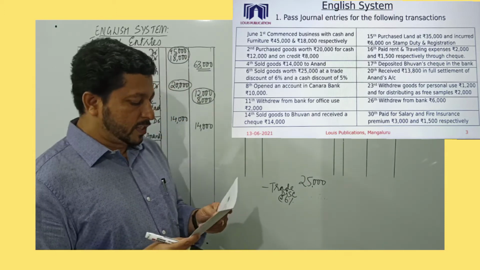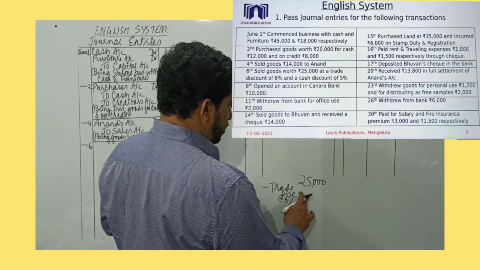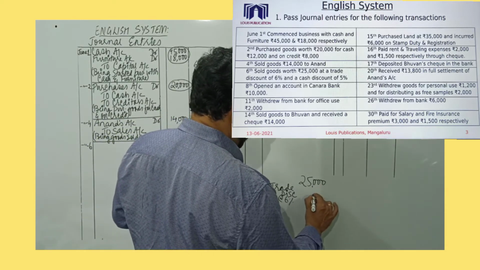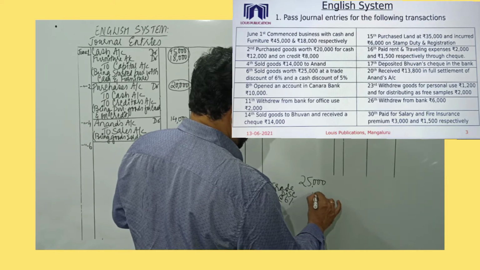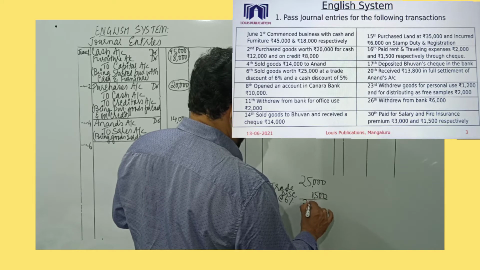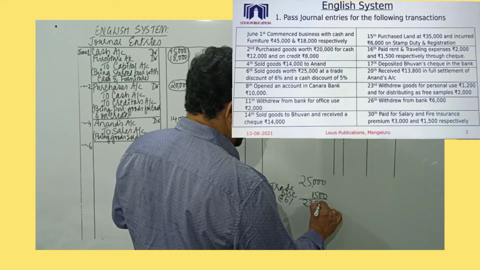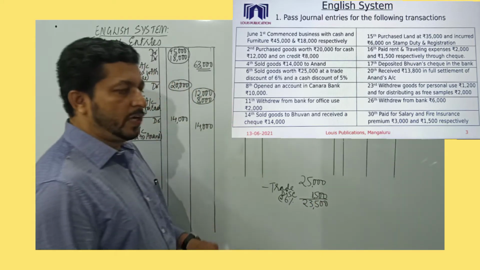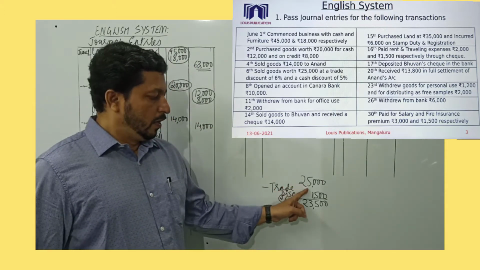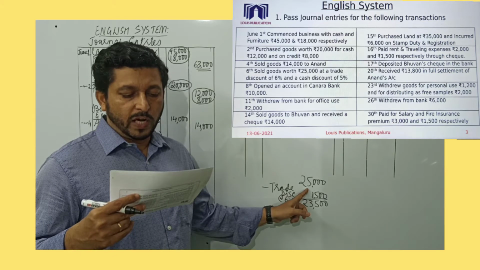So trade discount of 6%. So 6% of 25,000 will be 1,500. 1,500 will be the trade discount amount. So the actual transaction value that will be recorded in the books is only 23,500. Remember a very important point. The transaction value given is 25,000.